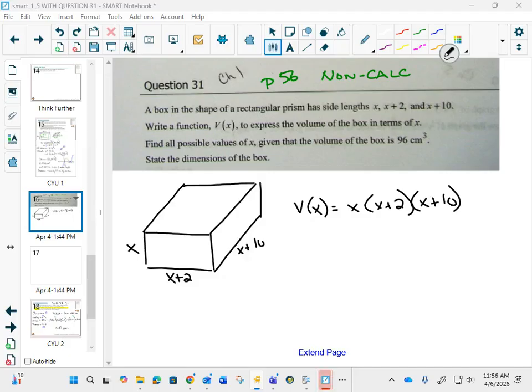So we've done the second sentence there. And then if you know the volume is 96, find the dimensions of the box. So we know the volume is 96. That means I can replace the volume with 96.